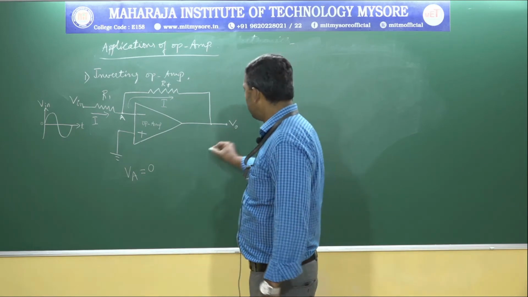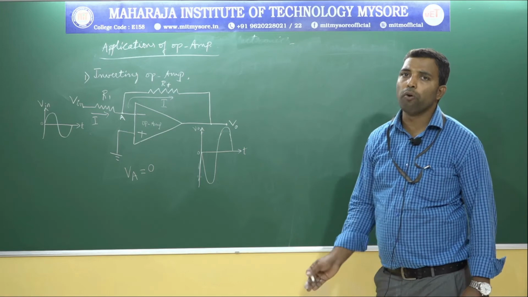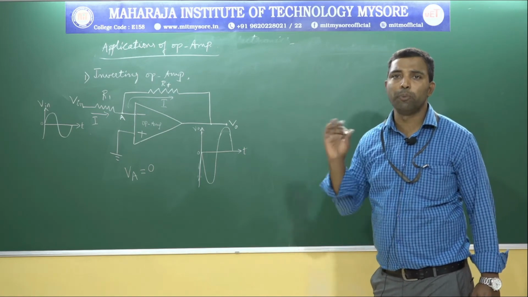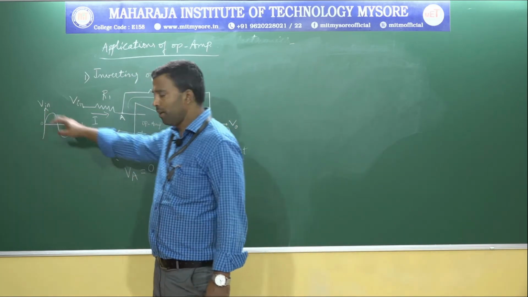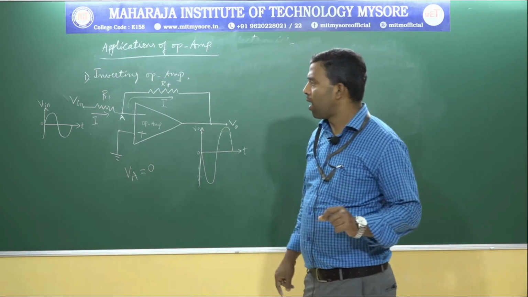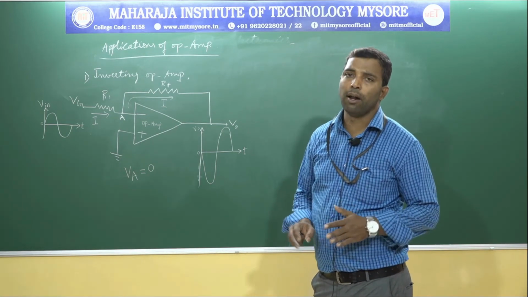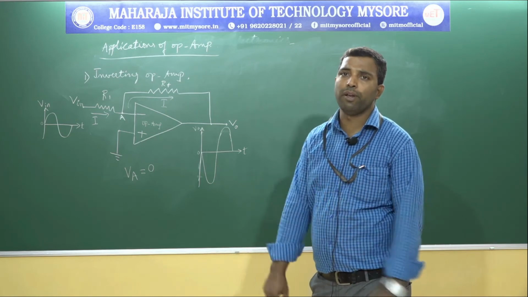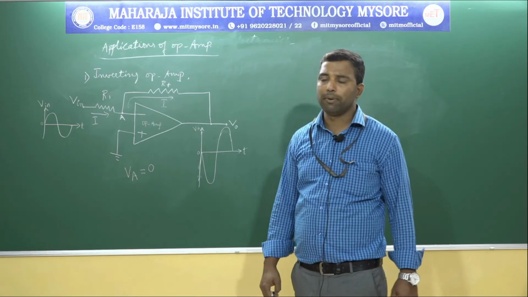The output voltage VO is 180 degrees out of phase with respect to the input voltage. Observe here, this is the positive going cycle, this is the negative going cycle. That means the output voltage and input voltage are 180 degrees out of phase. Hence the name inverting op-amp.